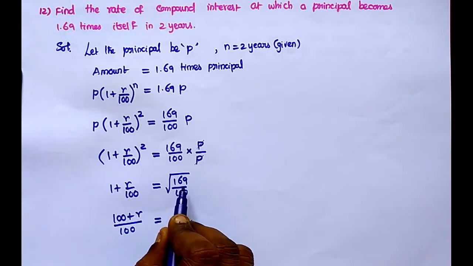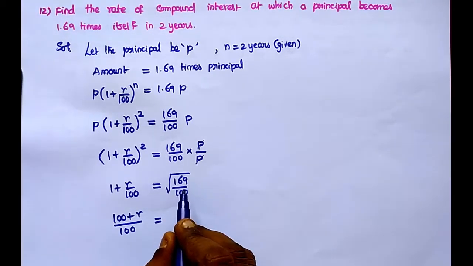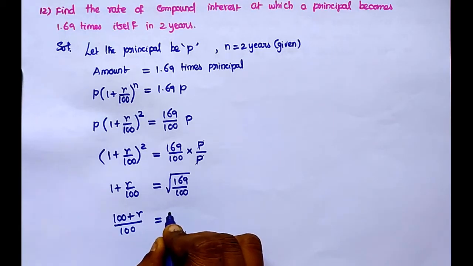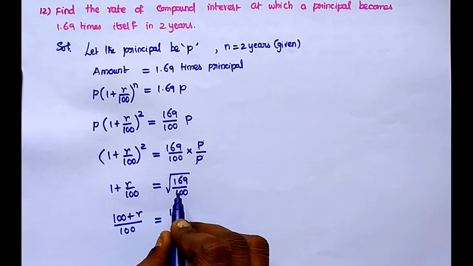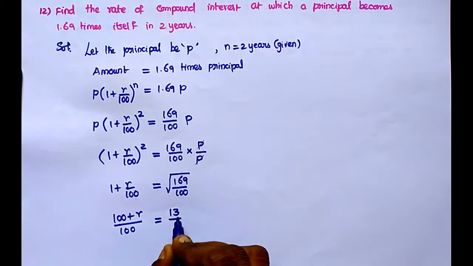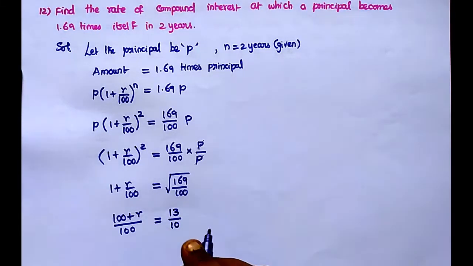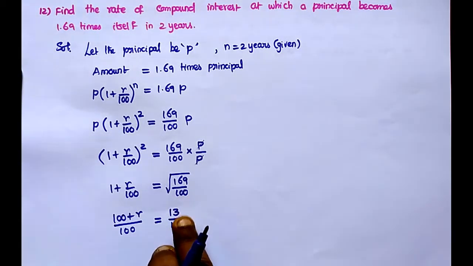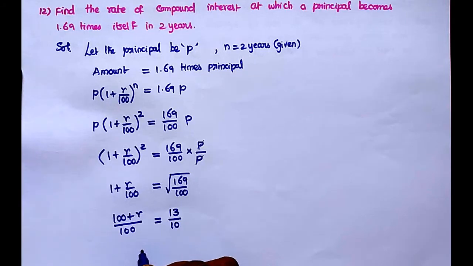Taking square root of 169 means 13, 13 13s are 169, and square root of 100 is 10. Now, we don't know R. 100 plus R by 100 equal to 13 by 10.